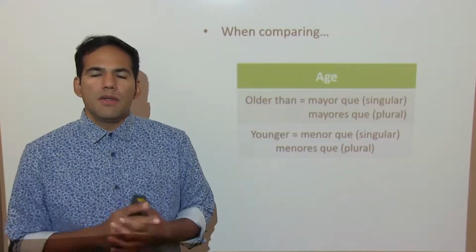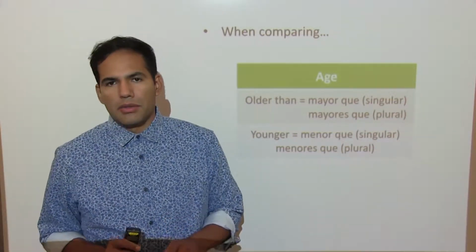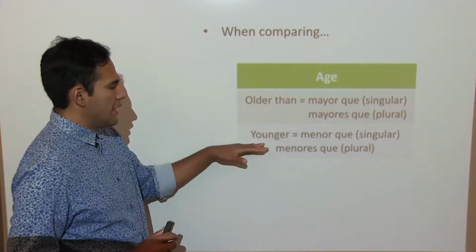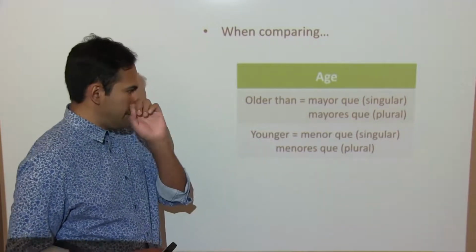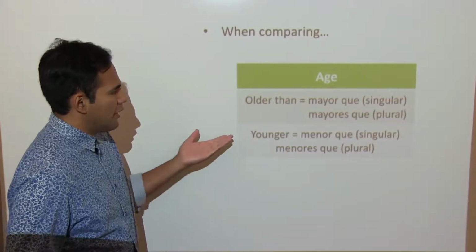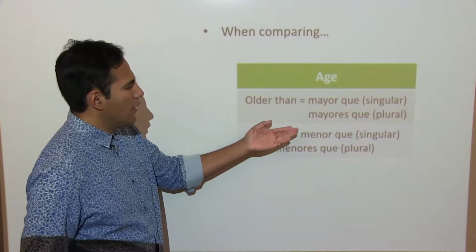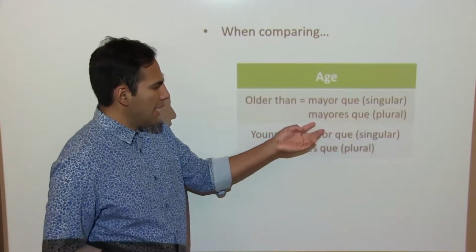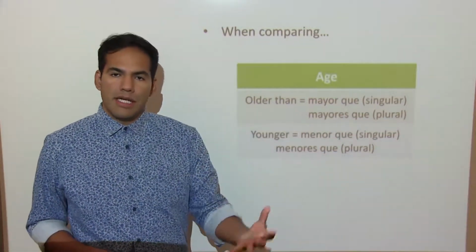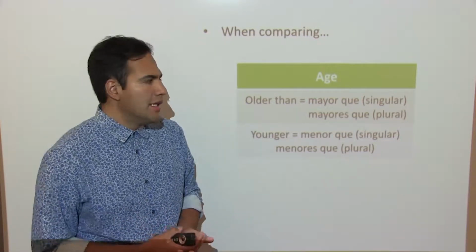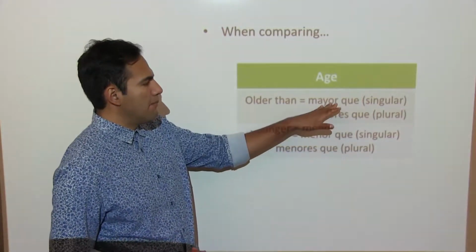So the two important things we're going to have to know is how to say older than and younger than. And in Spanish, the way we do that is by saying mayor que or mayores que. And notice that since we're making a description of someone, we're always going to match it.